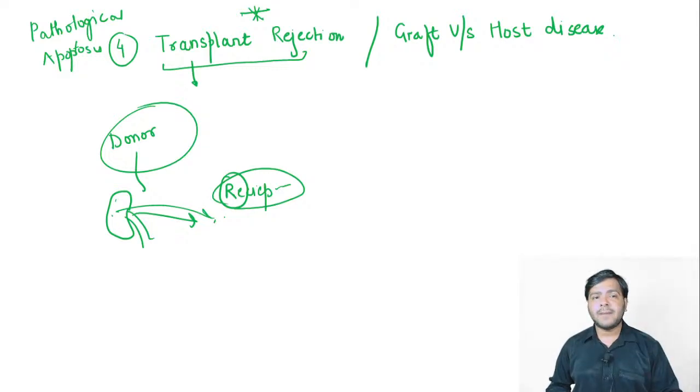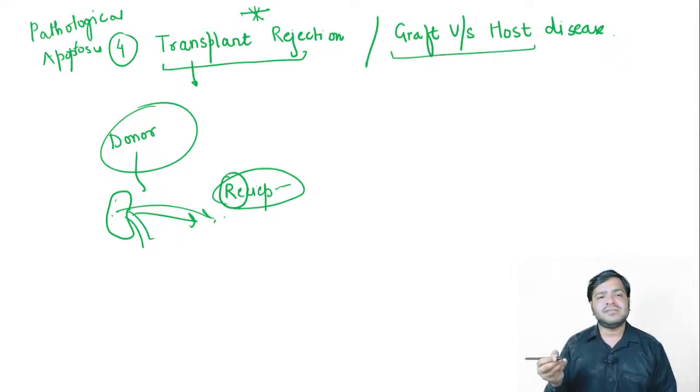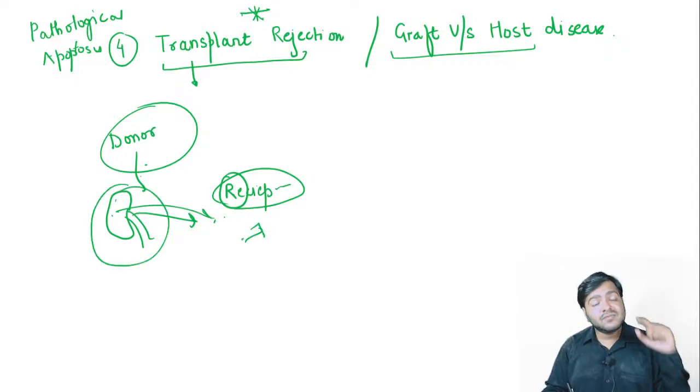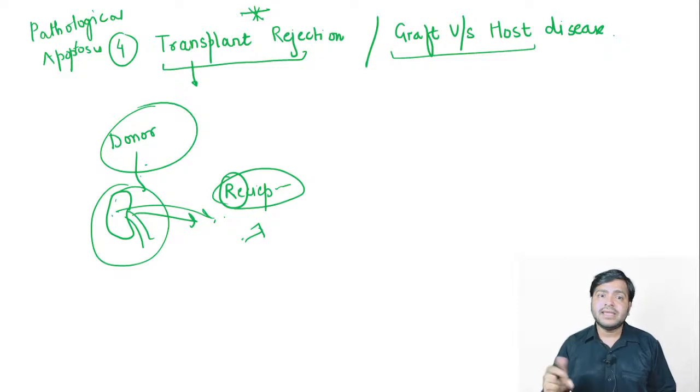Apart from that, what happens in graft versus host disease? Suppose this kidney goes into the recipient's body and starts infecting the body of the patient. Earlier, the recipient's body was not allowing this kidney to stay there. But now this particular kidney is producing a negative effect on the body's immune system.